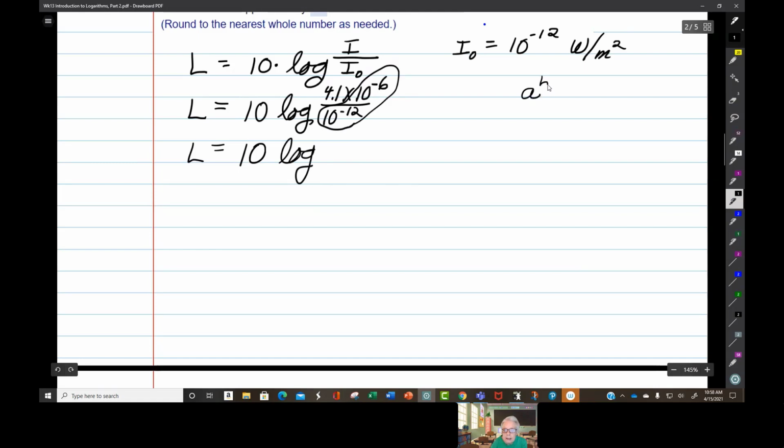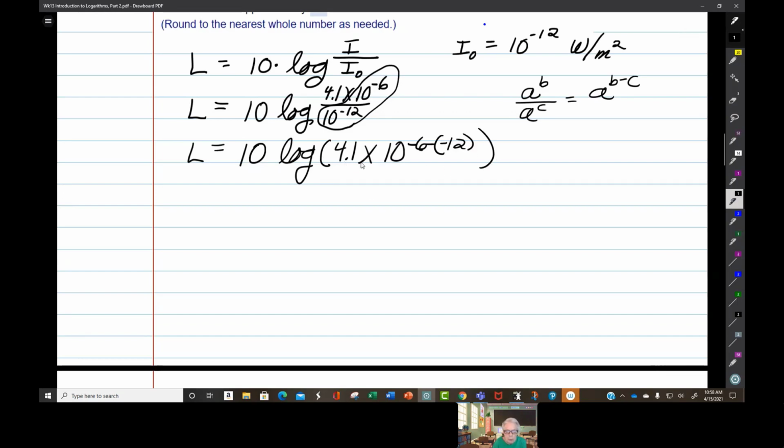See, A to the B over A to the C equals A to the B minus C. Our base is 10. So this is going to equal 4.1 times 10 to the negative 6 minus negative 12.